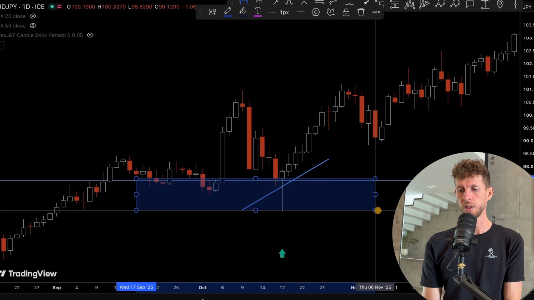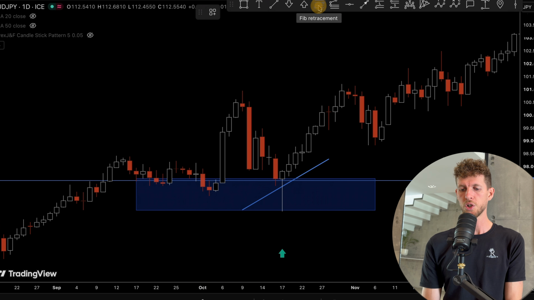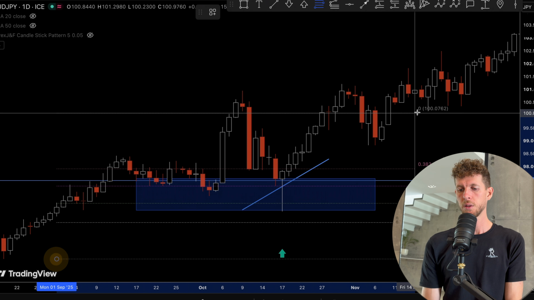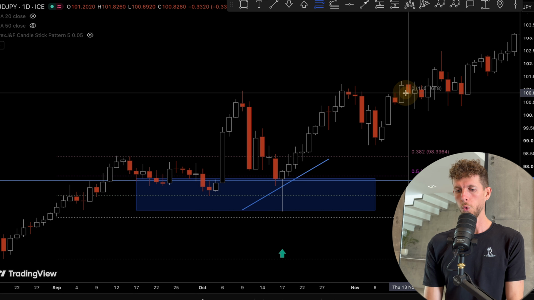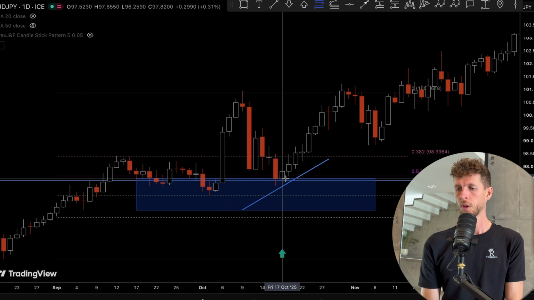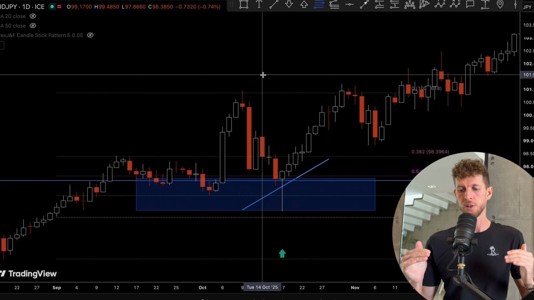You can have 50 EMAs, 20 EMAs. You could have the Fibonacci retracements.